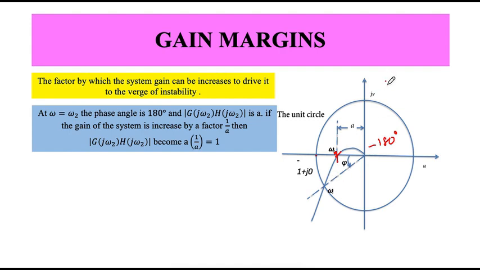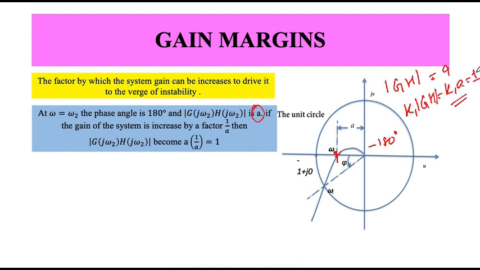And the magnitude of G(jω) is A, this A. Now I want to say, I can add some gain. So it will be K1 times GH, which is K1 A.